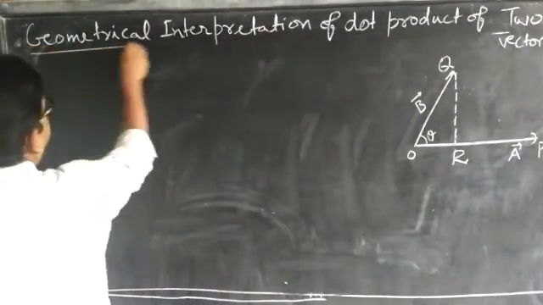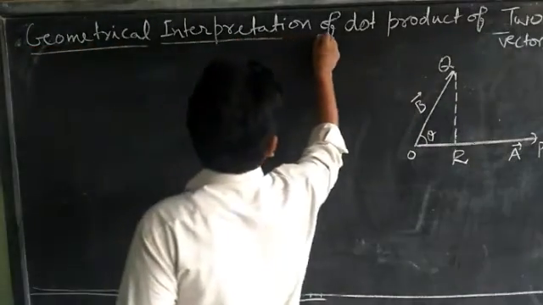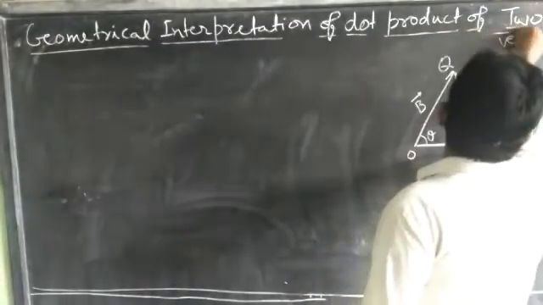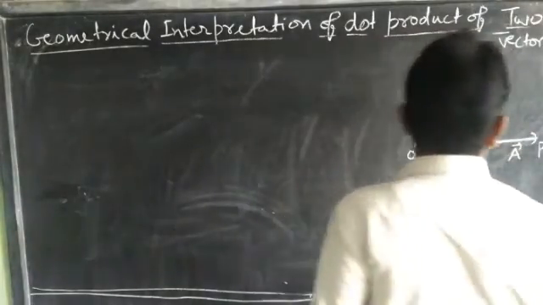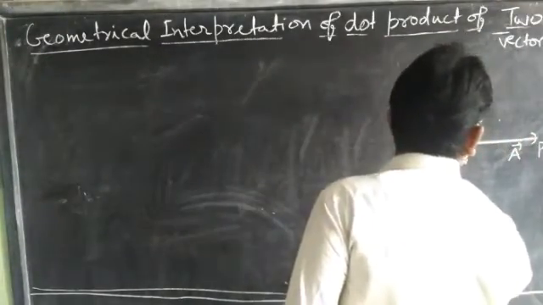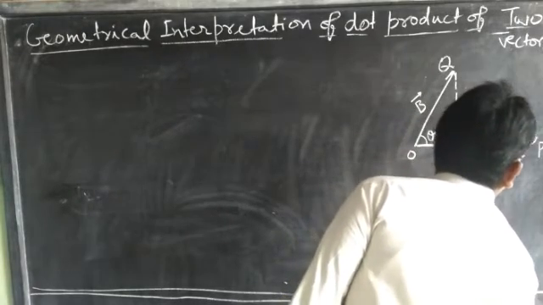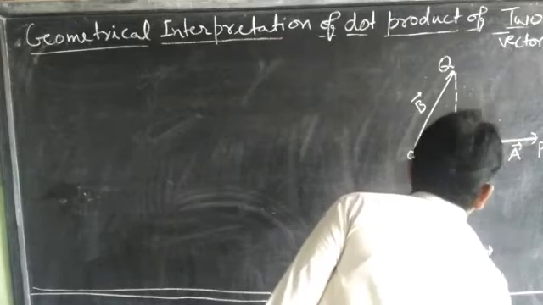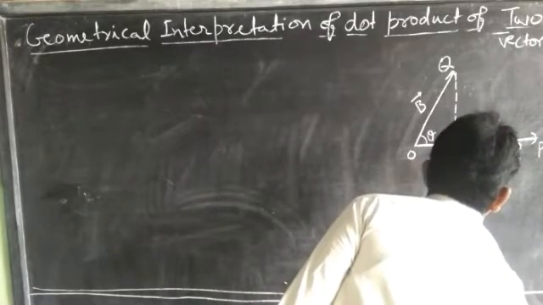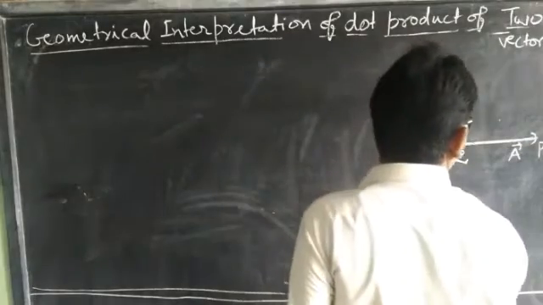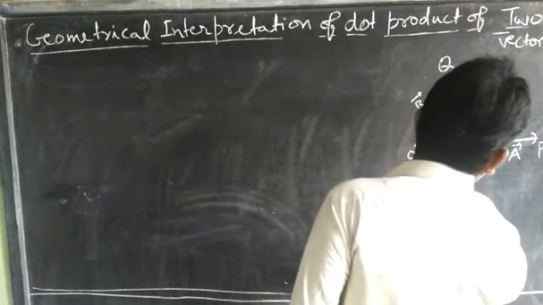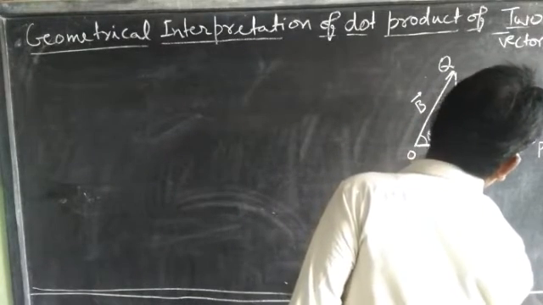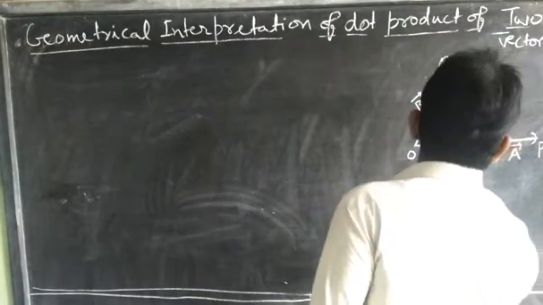How can we represent the dot product of two vectors geometrically? We can also draw a diagram. This is OP, which represents vector A, and we draw the perpendicular here, that is OS.